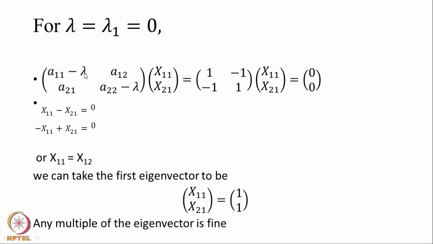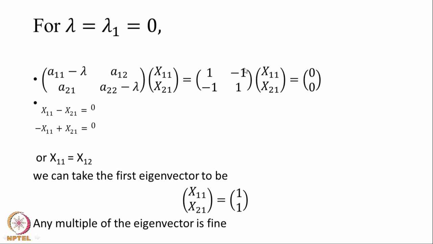So now let us multiply through this. We know that lambda was identically 0. So what is the rest of it? 1, minus 1, minus 1, 1. This is my original matrix; for lambda equal to 0, there is nothing to subtract. That into x11 and x21 is equal to 0. How do I expand this now? This expansion uses matrix multiplication.